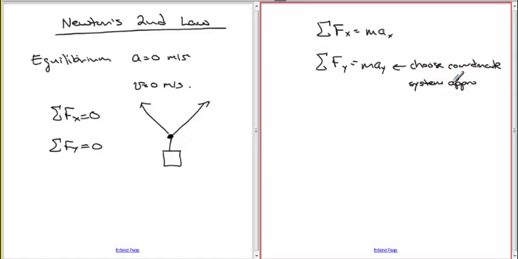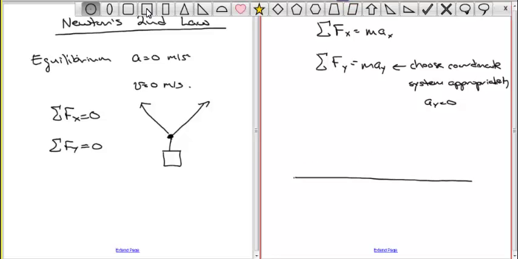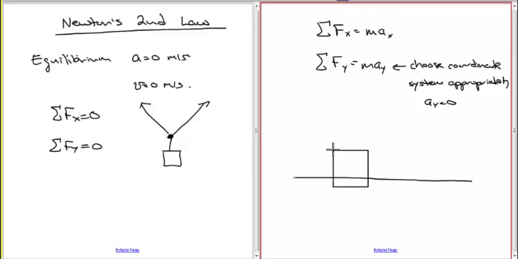So if you choose the appropriate coordinate system, this is 0. So the simplest case is something sliding on a horizontal surface. I think this is one of the problems we had, where it's moving at a certain velocity, and then you've got the friction force pushing backwards, slows it down, and you figure out how long it takes to slow down. So that's one case.